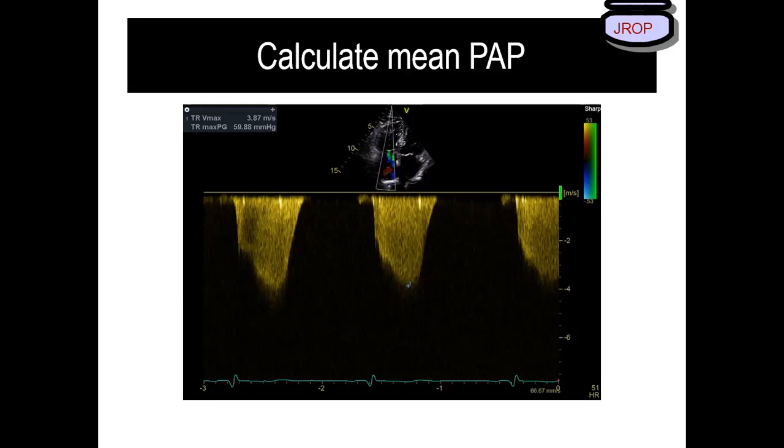I did not expect the answer from you like this. For calculation purposes, let's make 63 into 60. 60 into 0.6 will be 36. And 36 plus 2.1 is 38. 38 would correspond to moderate pulmonary artery hypertension.